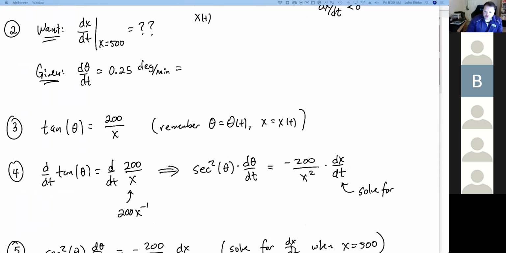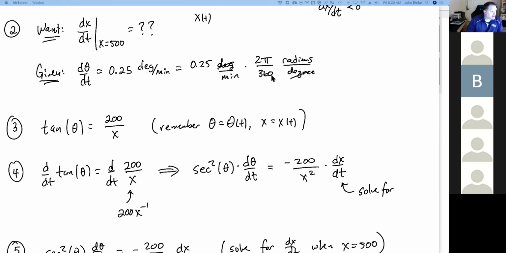So the unit of measure is always going to be radians. So if you have 0.25 degrees per minute, that's the same thing as 0.25 degrees per minute times 2 pi over 360 radians in degrees. This is the conversion factor for those two. So you're going to convert it to radians per minute.